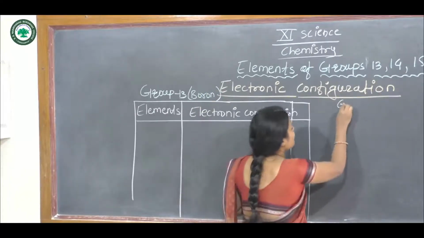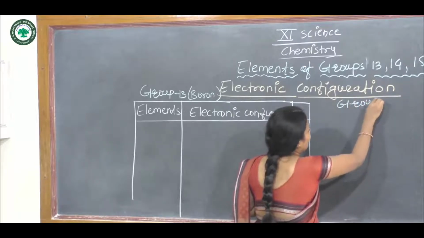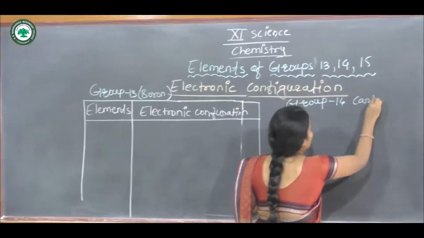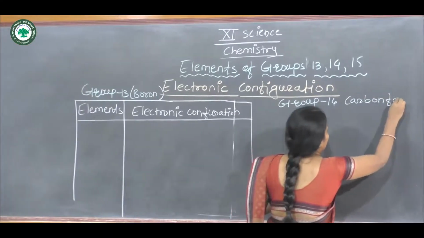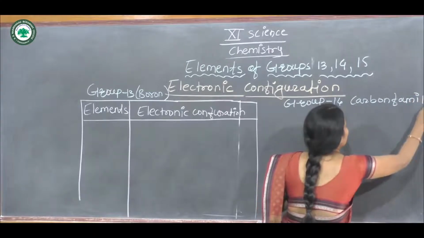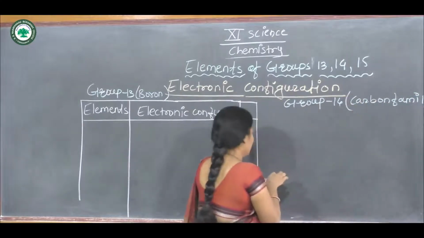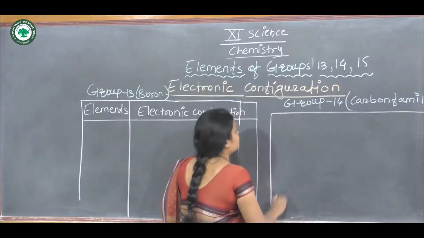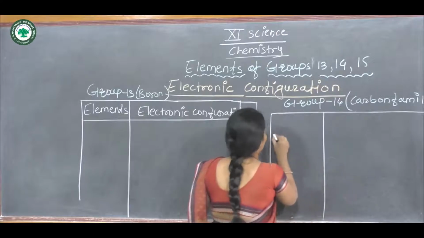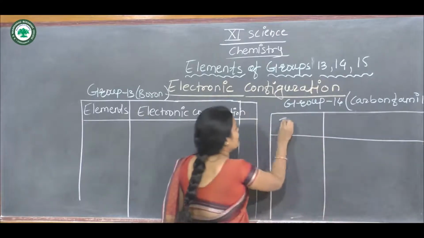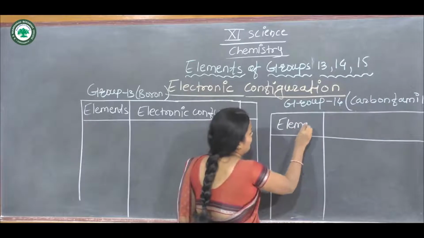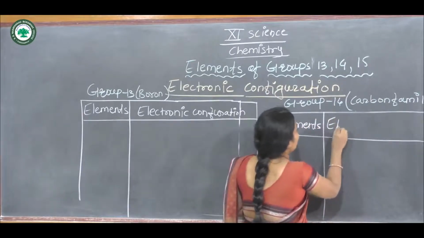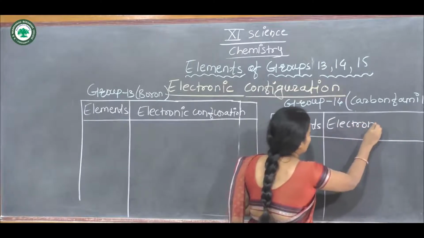Now here is group 14, the carbon family. These are the elements, and then here is the electronic configuration.